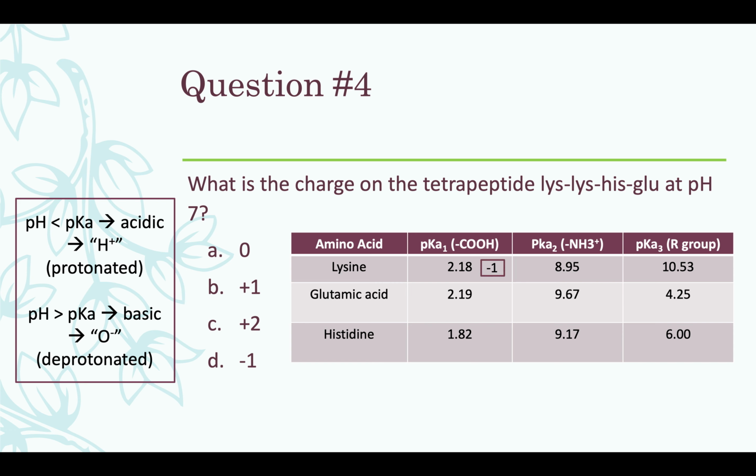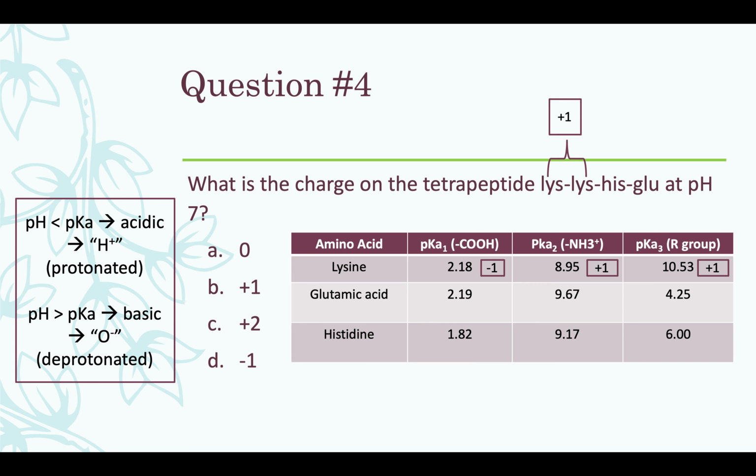The pKa for the amino and R groups are 8.95 and 10.53 respectively, which are greater than the given pH. Thus, you have a positive charge for both of them. In total, you have a positive 1 charge for your lysine here.